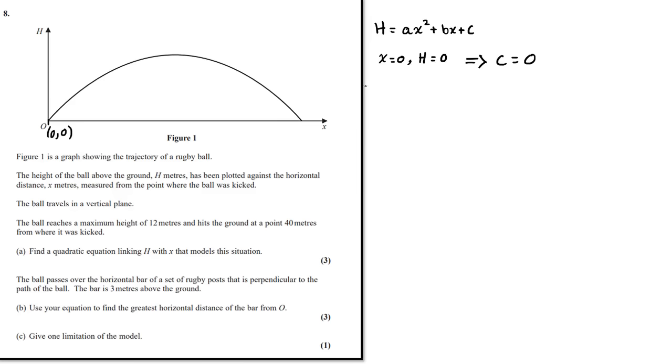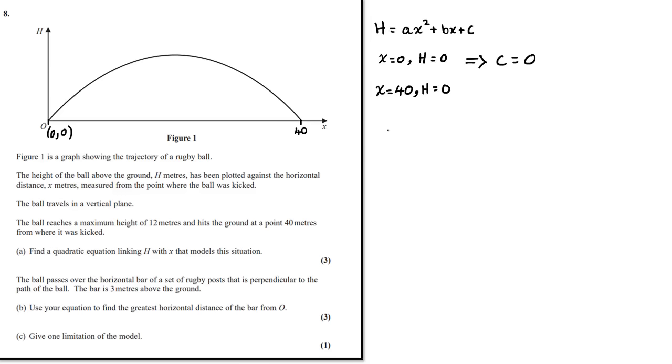We also know that when x is 40, so at this point here, the height is 0. So when x is 40, h is equal to 0. And what we can do then is form an equation by substituting 40 into this equation, where c is equal to 0.